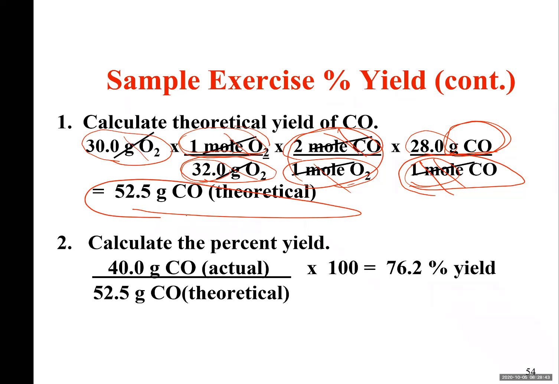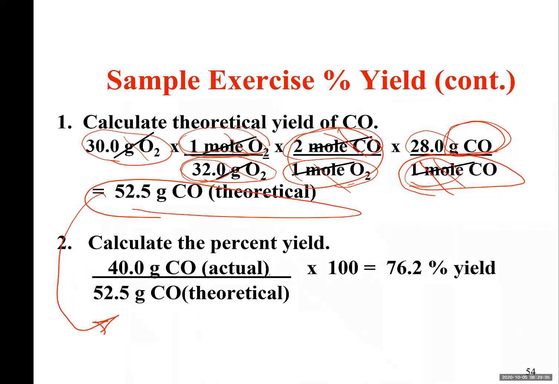That's what we wanted to do for the theoretical part. So theory is based on calculation. And our formula said, once you have the theoretical amount, which is obtained by calculation, write that on the bottom. That's the maximum expectation. That's 100% yield.